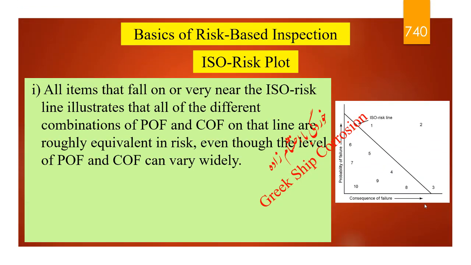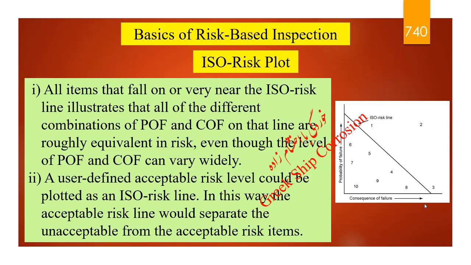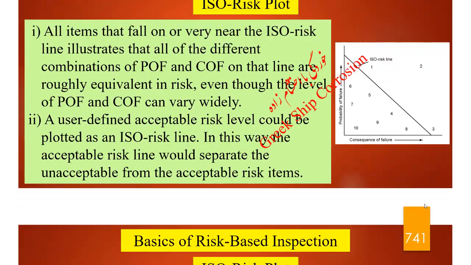All items that fall on or very near the ISO risk line illustrates that all of the different combinations of POF and COF on that line are roughly equivalent in risk, even though the level of POF and COF can vary widely. 2b. A user-defined acceptable risk level could be plotted as an ISO risk line. In this way, the acceptable risk line would separate the unacceptable from the acceptable risk items.